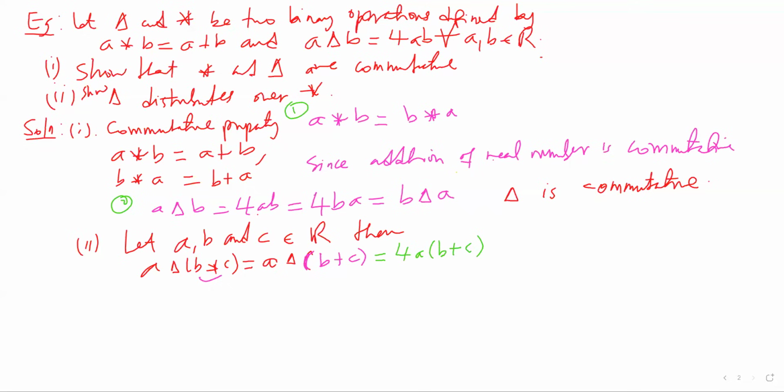And this will give us 4AB plus 4AC. So if we take each of the components, 4AB, 4AC, we know what 4AB means from the definition of delta. So 4AB means A delta B.